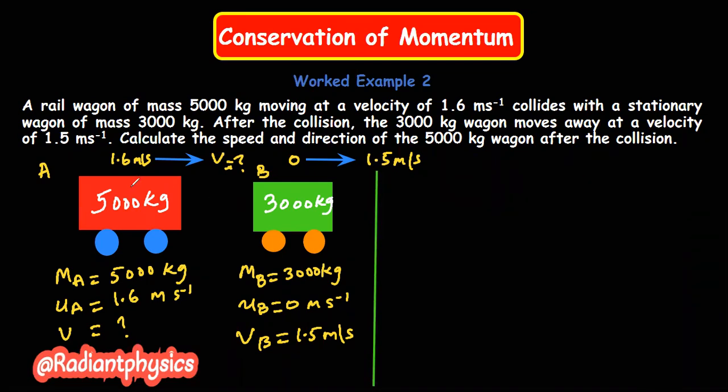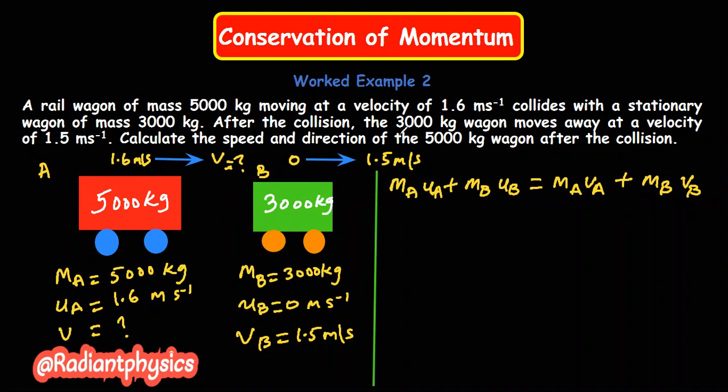So we have this equation. The initial momentum of this body here: MA times UA, plus MB UB, is equal to MA times VA plus MB times VB, that is the final velocities.